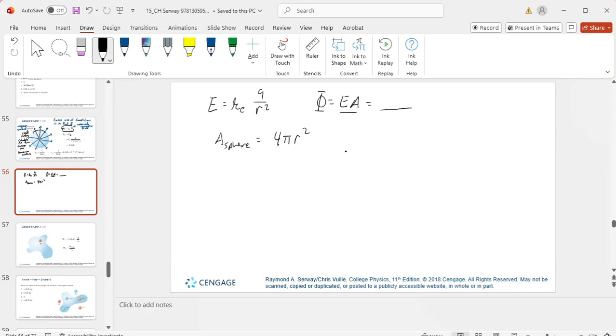So to calculate the flux, I have k_e q over r squared times 4 pi r squared. First things first, my r squareds are going to cancel, and this is going to give me 4 pi times k_e times q.